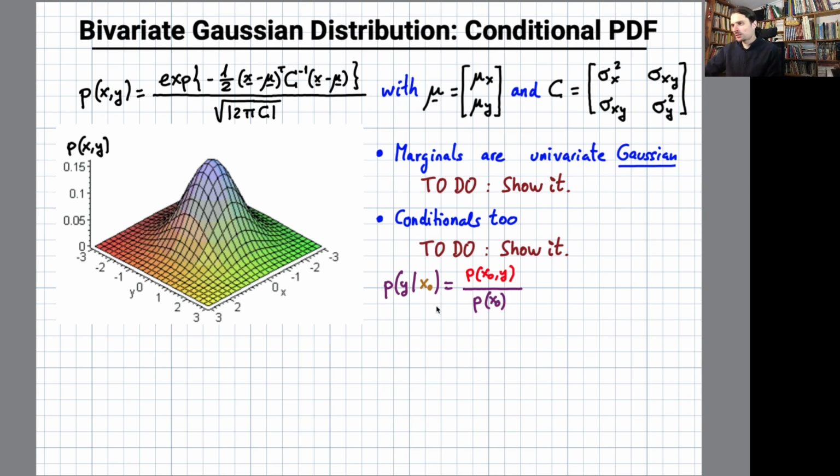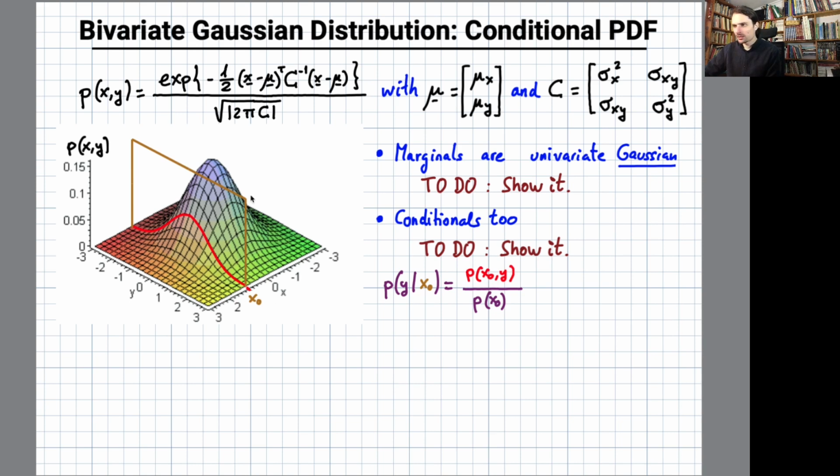Okay, so to that end, let us just rewrite this conditional PDF in this way. And we can now just look at the numerator and note that this is a function of y when we fix x to take this specific value x0, right?